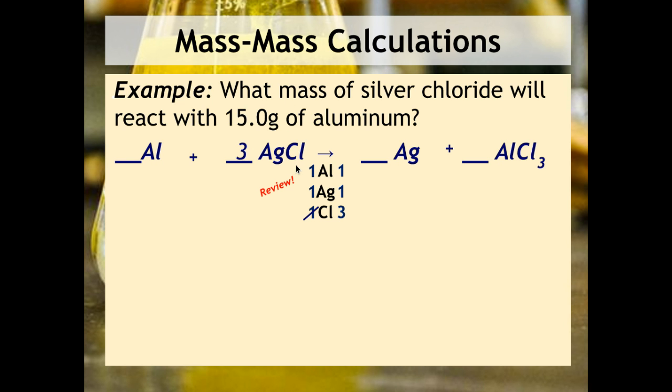It needs to be balanced. So I'm doing a tally system right here. And if you don't know how to do the tally system, you need to get with me or Mrs. Flint. I'm kind of running through it there real fast, but now it's totally balanced.